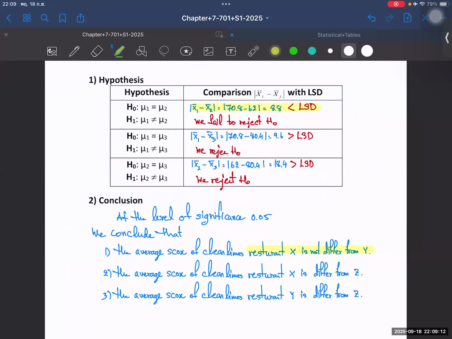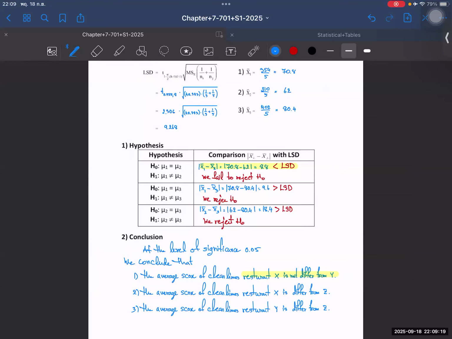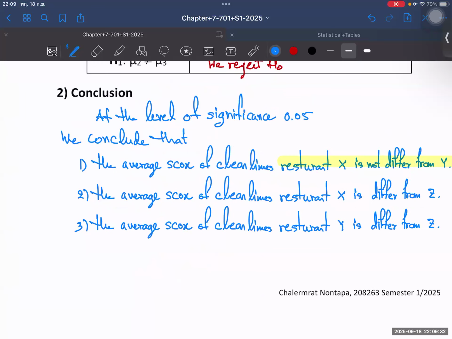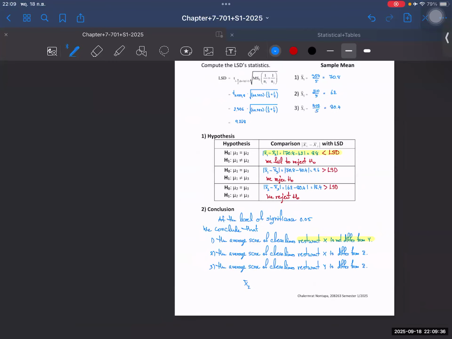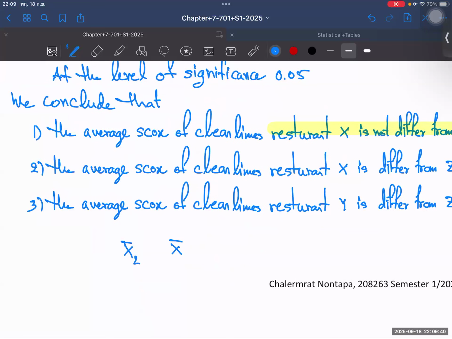Or you can order them by the bar diagram, so X bar 2, X bar 1, X bar 3.